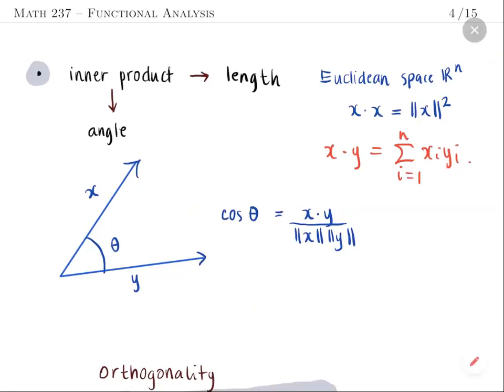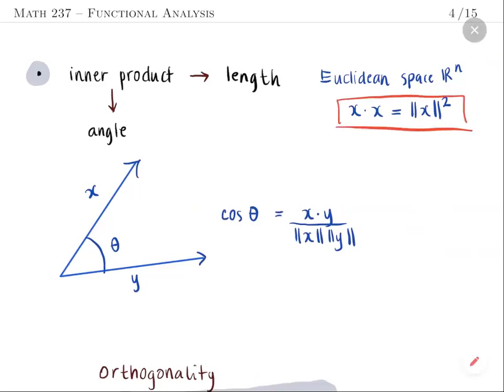And if you take y to be x, you end up with the following formula. So if y is equal to x, this is, as you might know, the square of the Euclidean norm. So the inner product of a vector with itself is nothing but the square of the Euclidean norm.